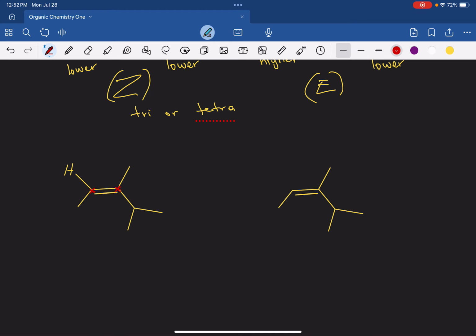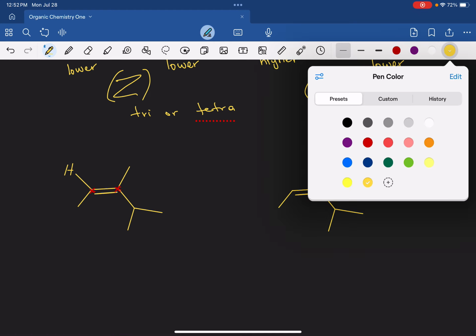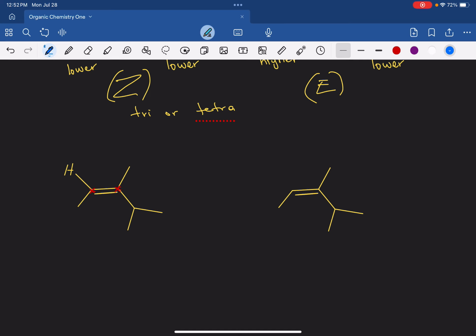Let me now circle the carbons that are singly bonded to these red asterisk carbons. These are the groups that are singly bonded. After that, count how many groups you have that are not hydrogen. 1, 2, 3. So this is a tri-substituted alkene. Easy, right? Tri-substituted alkene.